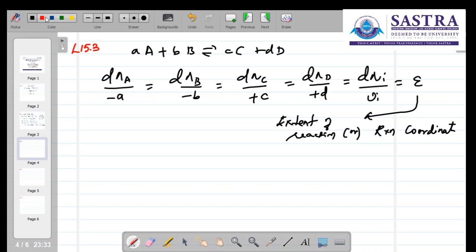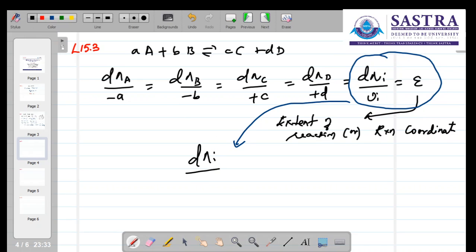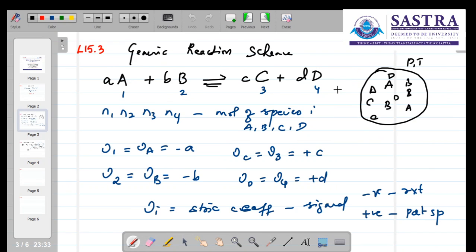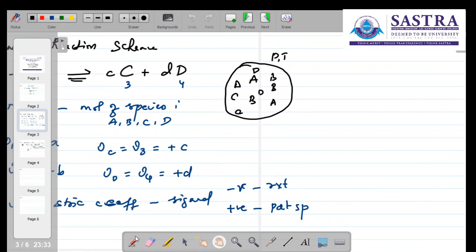Now, for any species which is reacting, we are only considering the reacting species, and we are assuming the system also has only the reacting species. So it's a single phase system and the system has only reacting species.